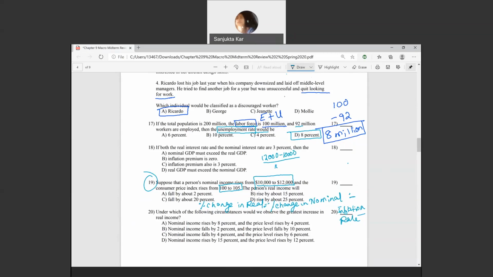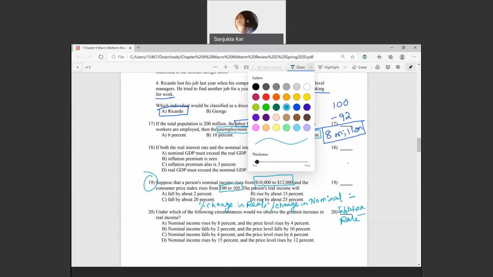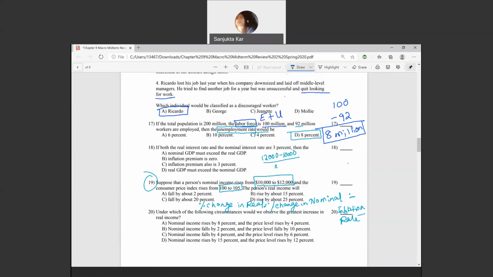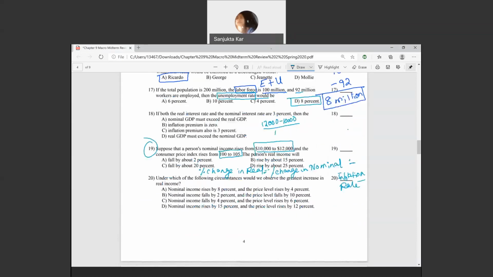Let me change this color really quickly because this stopped working. So, over 10,000, the whole thing multiplied times 100. If you do the math here, you have 200 over 10,000 times 100.